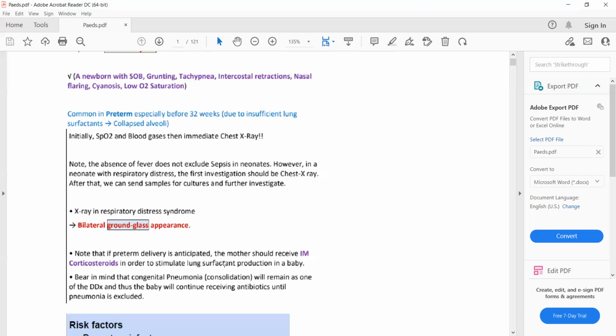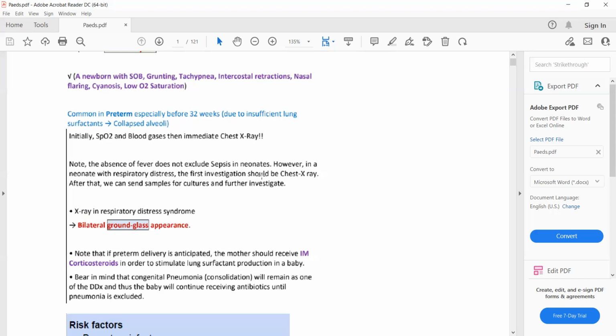So after SpO2 and blood gases and X-ray, the next step would be to send blood culture and sensitivity.